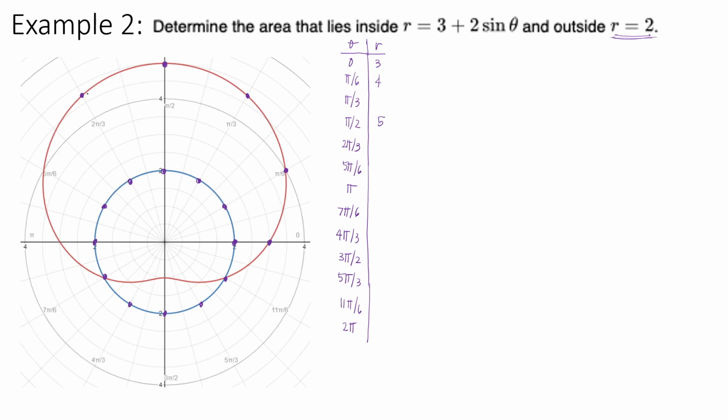Then 4 point something. 4 and then 3. So 2. Then this point here, I don't know. This one probably is 1.